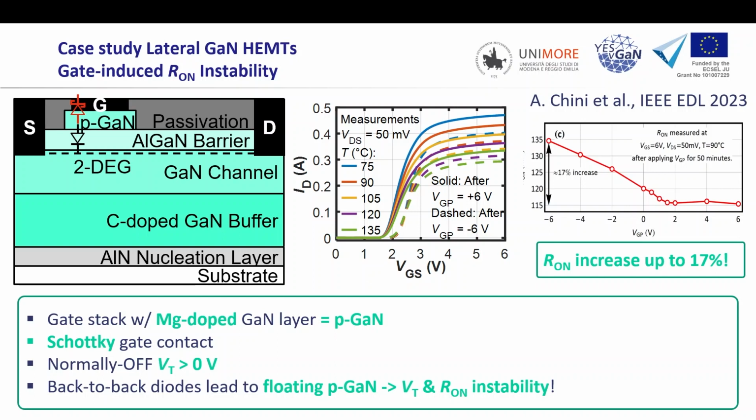Because the gate metal has a Schottky contact here, and you actually want this to avoid too high leakage currents. But then here the potential is not well determined, so this will float around. So there can be some storage of charge that will eventually cause you this trouble.